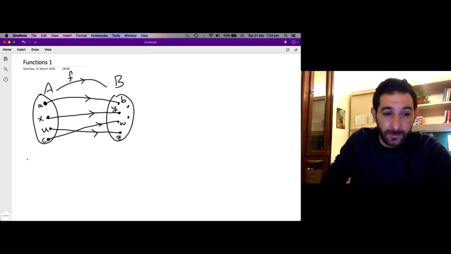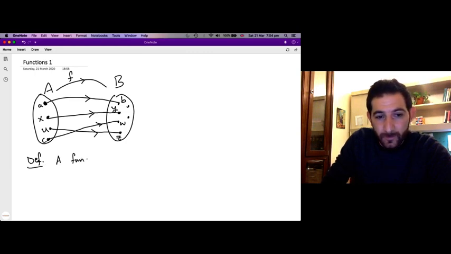Now let's write properly the definition of a function. A function f from A to B. So this is how we write.